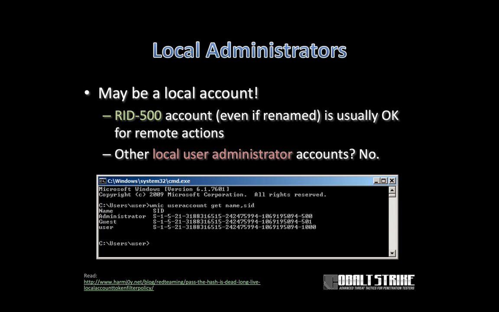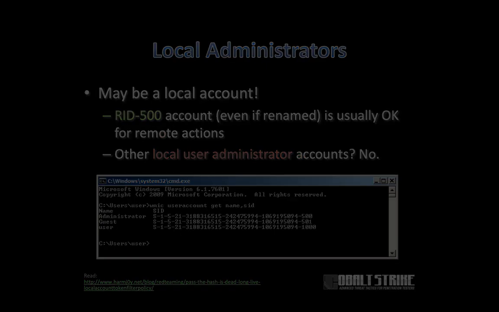If you happen to have credentials for a local user account that is an administrator, but it is not the RID 500 account, you are not going to be able to do remote actions with that particular account, except maybe log in via RDP if that's turned on.